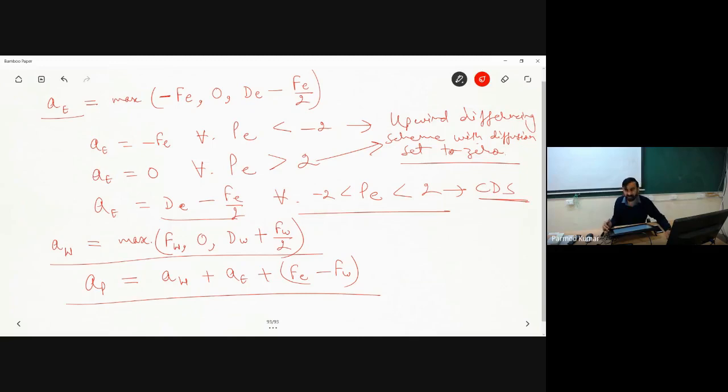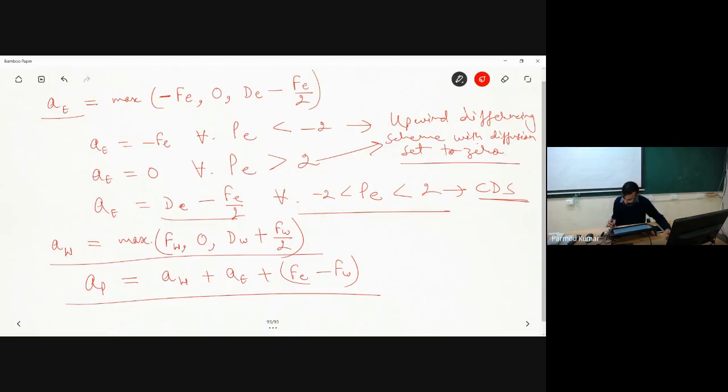Okay, so the order of accuracy may be slightly less, whereas its solution will be stable. So this is the hybrid differencing scheme, and it became very popular at the time it was developed, and it has been employed for the solution of different physical situations.